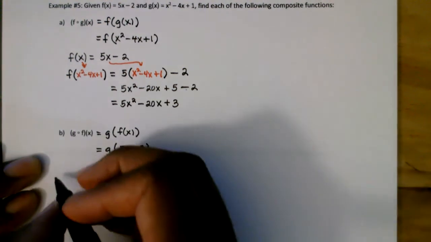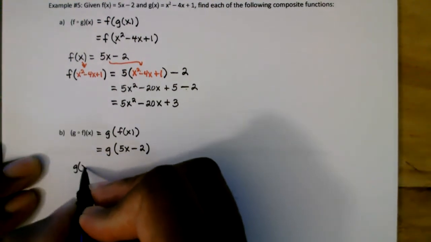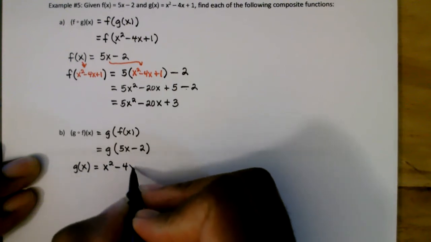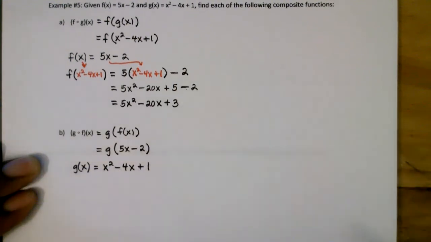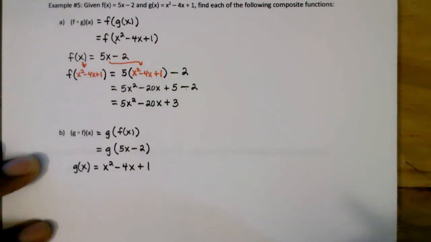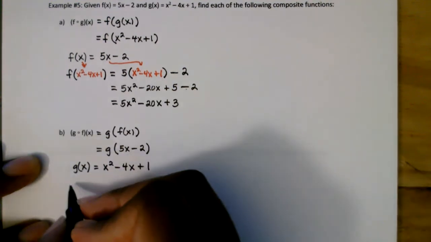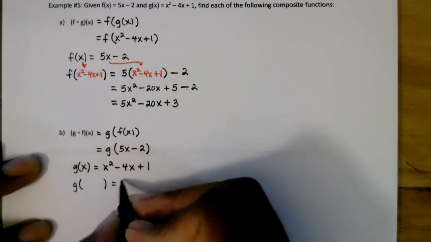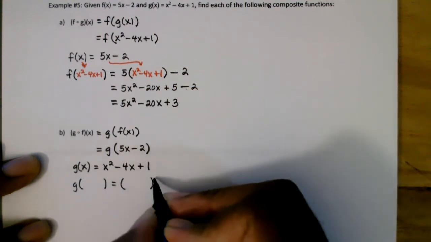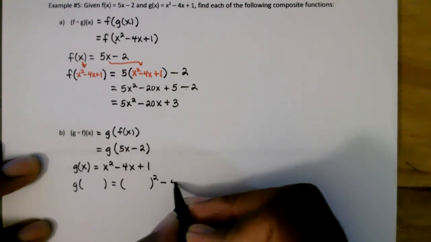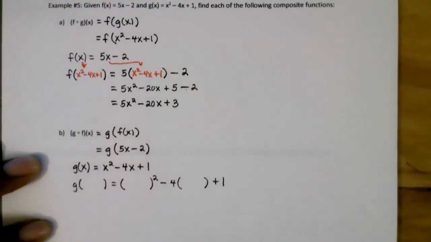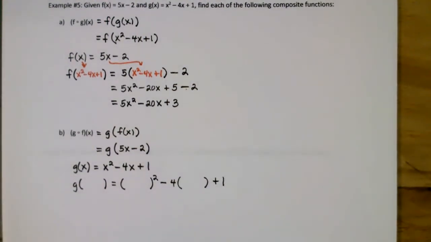Now here g of x in this case is x squared minus 4x plus 1. So that means every x in this g of x function, I'm going to substitute with what f of x is equal to. Notice the space around the parentheses here.